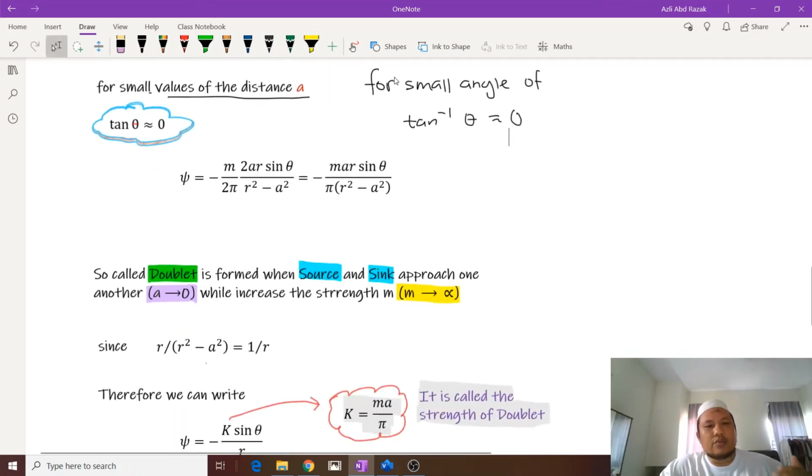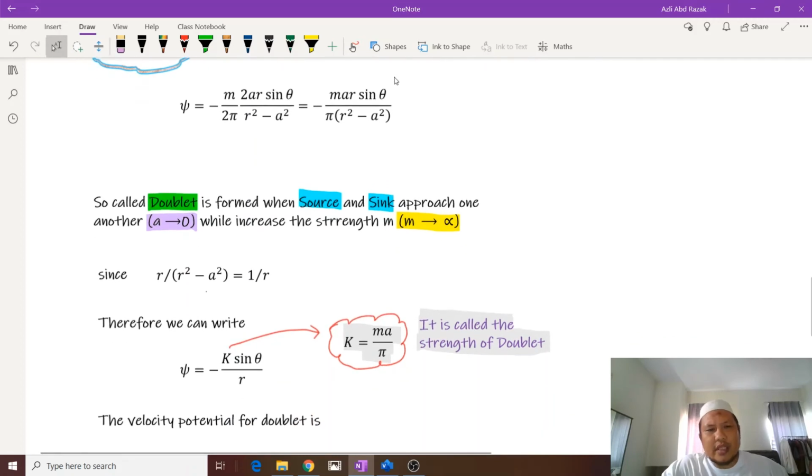All right, this form is the so-called doublet form, when the source and sink approach one another, which is a approaching zero, while the strength m increases, m approaching infinity. Since the value of a is now approaching zero, r divided by r squared minus a squared equals 1 over r.